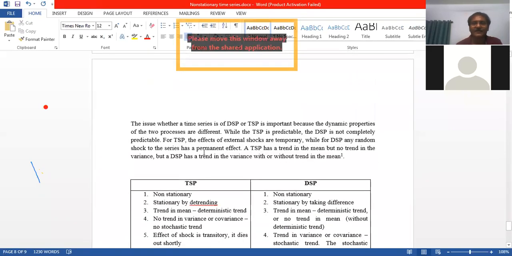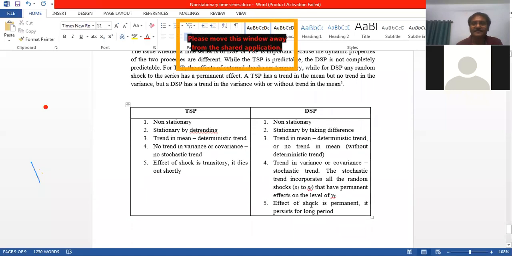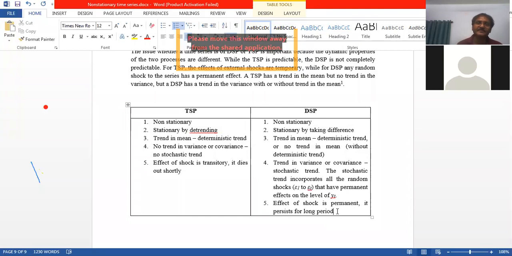But in the case of DSP, the effect of shock is permanent. That is, it persists for a longer period. Because in the case of DSP, we have a unit root. In the case of DSP, we have a stochastic trend. How do we get a stochastic trend?